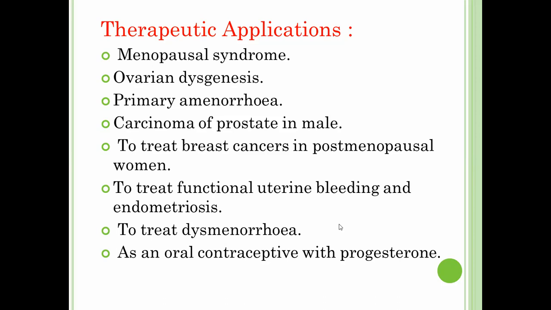Then next, to treat functional uterine bleeding from the uterus and also endometriosis. Endometriosis is a condition resulting from the appearance of endometrial tissue outside the uterus, causing pain during menstruation. In such a condition, synthetic estrogen is again helpful. So these are the therapeutic applications of synthetic estrogen.